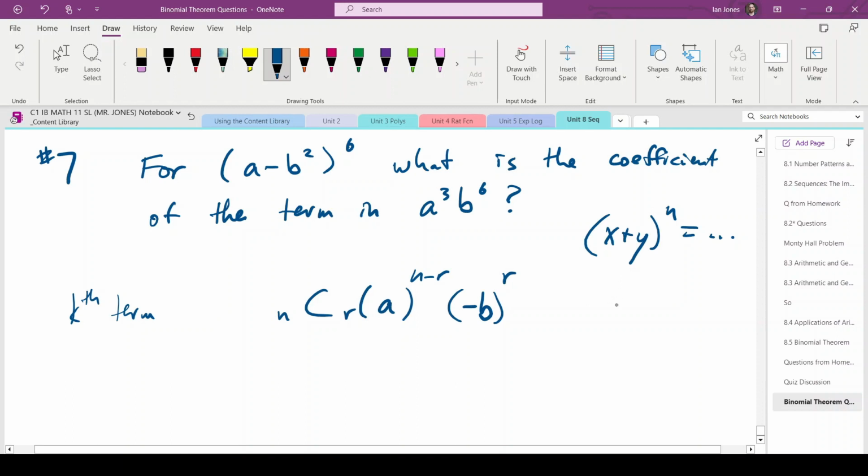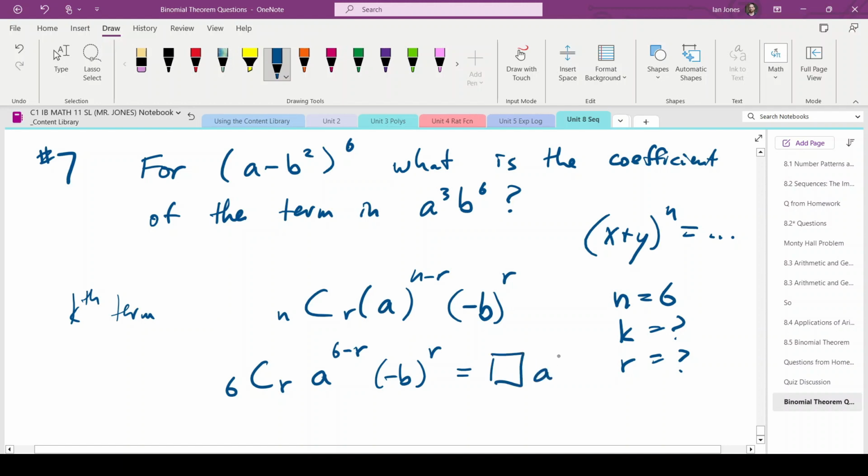Now, what do I know? n, I know, it's 6. k, I don't know. r, I don't know. So I have 6 choose r, a to the 6 minus r, negative b squared to the r is going to equal something, a cubed b to the 6.